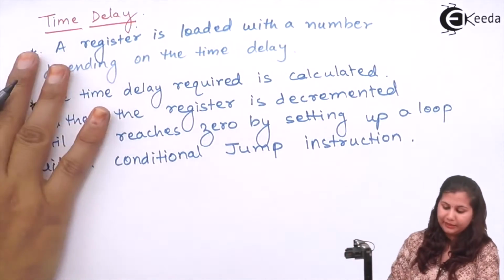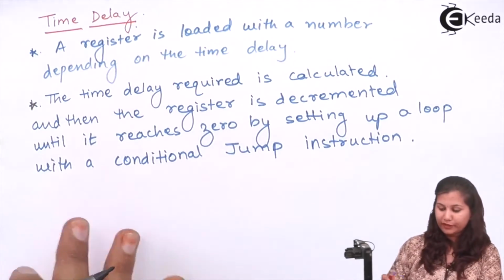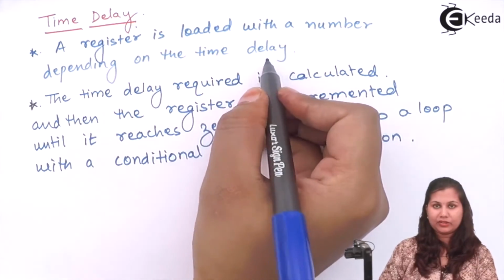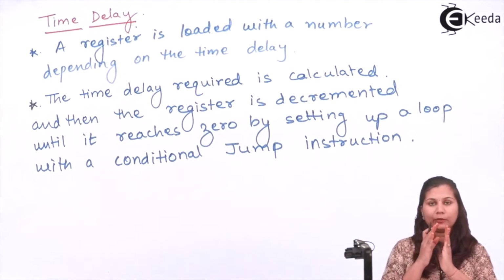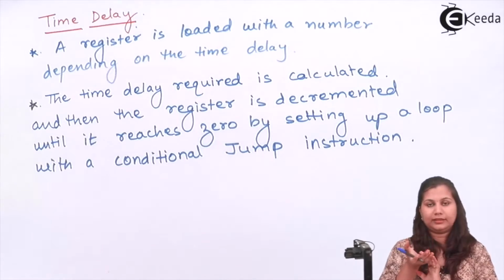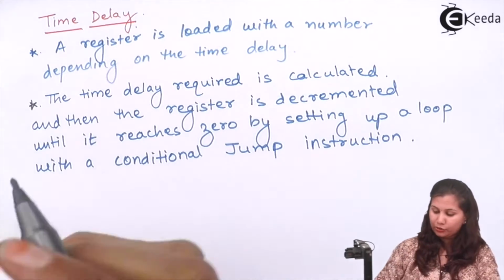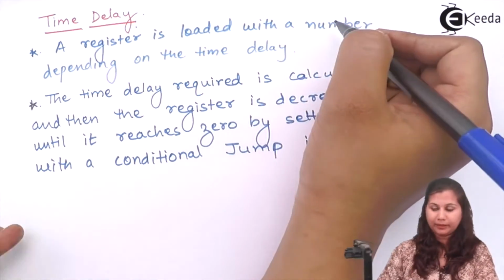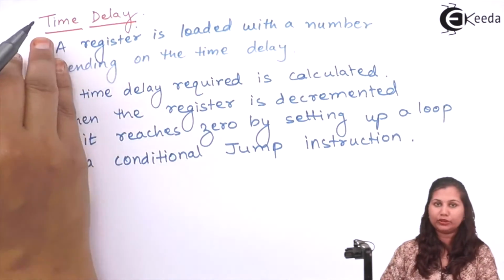So how is this time delay technique used? First, we load the number depending upon the time delay which is required. We first calculate the time delay we require, and according to that, we calculate the number, and that number will be loaded into the register.